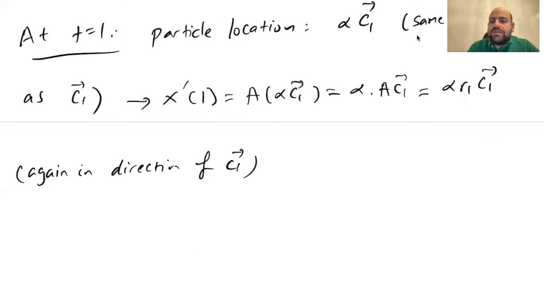So we can repeat this argument, right? If initially the particle is in the direction of C1, velocity at that moment will also be in the direction of C1. After some time, again, it will be in the direction of C1. After some more time, again, still in the direction of C1. So the velocity always remains in the direction of C1, which means the particle will always be in the direction of C1.